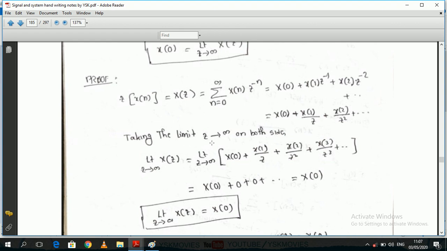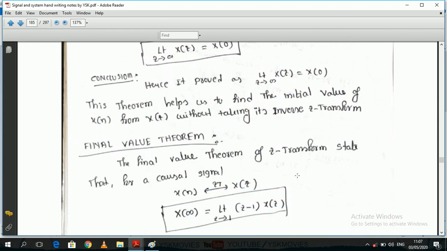Taking the limit on both sides as z tends to infinity, everything becomes zero except x of 0, because if you replace z with infinity, every other term becomes zero. Finally we got the limit as z tends to infinity of X of z is equal to x of 0. So this is the initial value theorem.